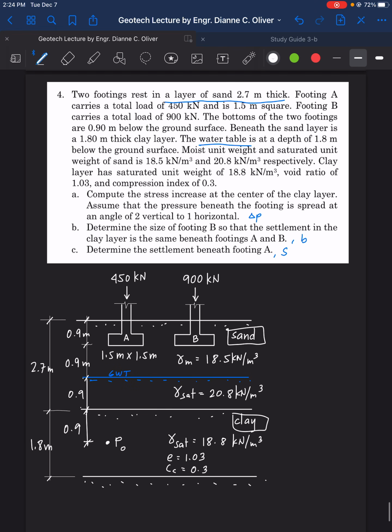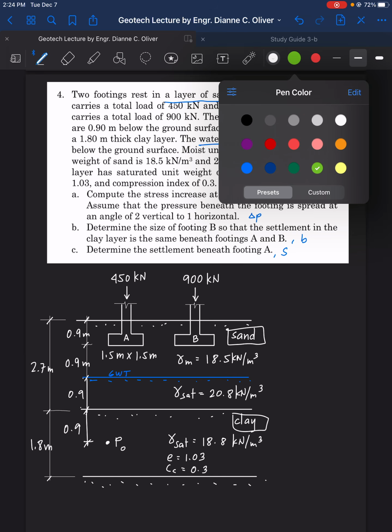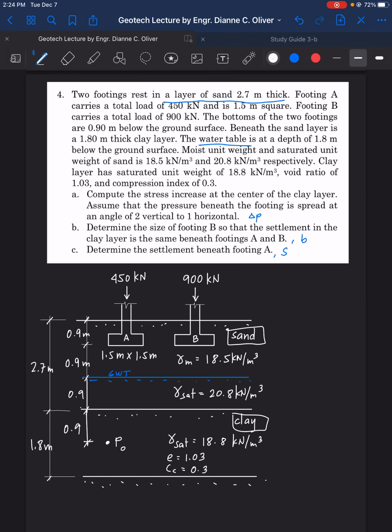So the key factor here is comprehension. Imagine if you have mistaken 1.5 meter square as the area. So although you have the correct procedure for the solution, if you have wrong data at the beginning, then obviously your final answer becomes wrong.